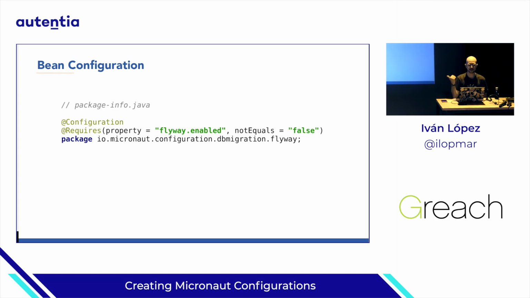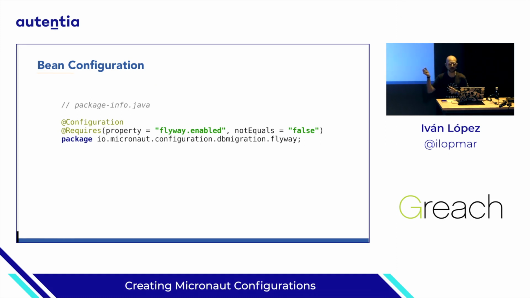So in this example, we are saying that to create any bean declared in this io.micronaut.configuration.dbmigration.flyway package, this property flyway.enabled must not be set to false.